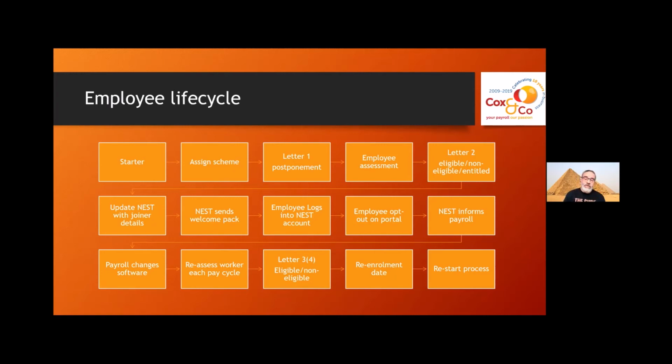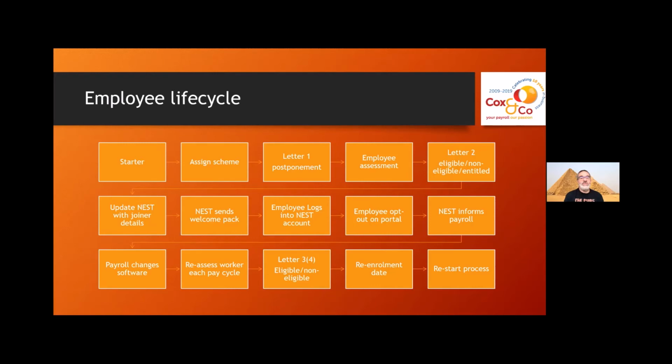So that continues at around 3 years after the staging date, or after the previous re-enrollment date, if there is one, which there are in some cases. Then we will carry out a re-enrollment. We'll look at those employees who are not members of a scheme, who have left or who have opted out more than 12 months previously.